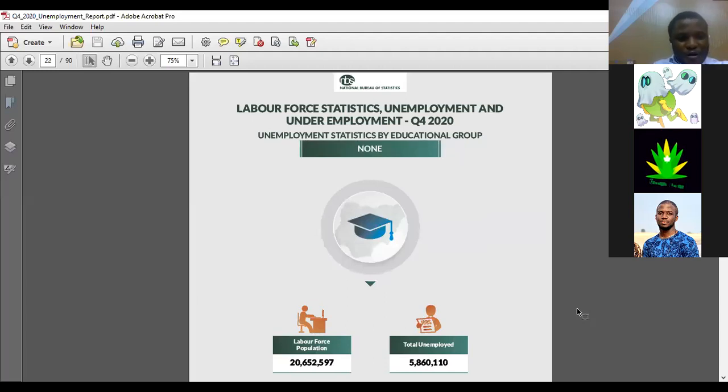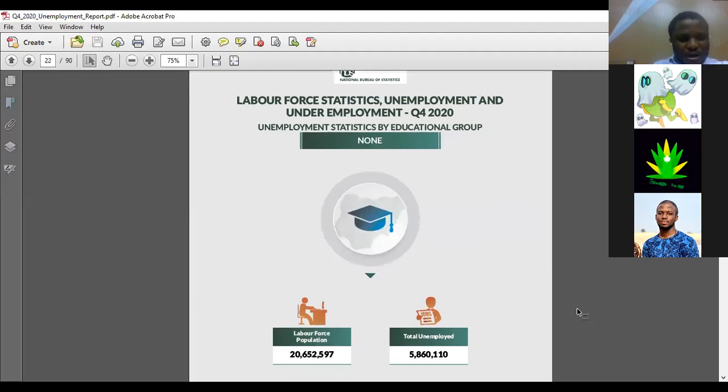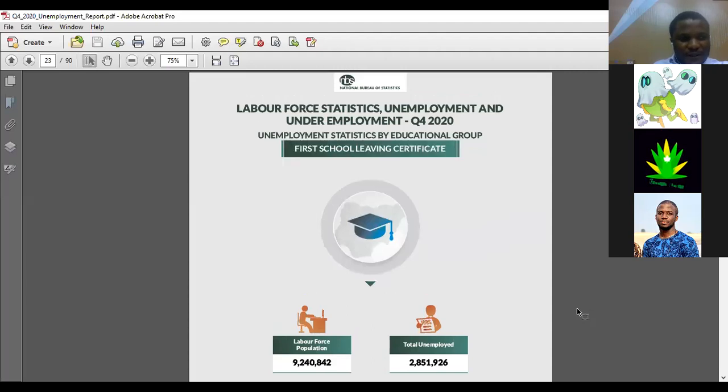We look at them according to certificate: first school leaving certificate, middle school leaving certificate, vocational or commercial activities, junior secondary school, senior, A levels, NC, OND, or those that did nursing.